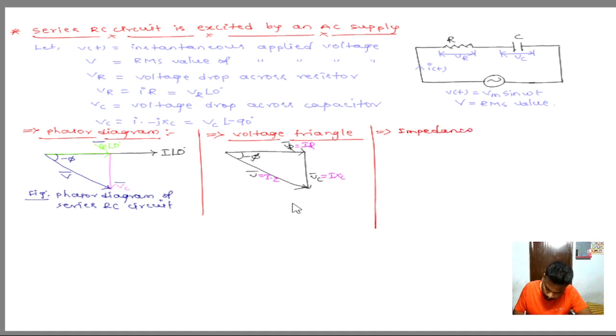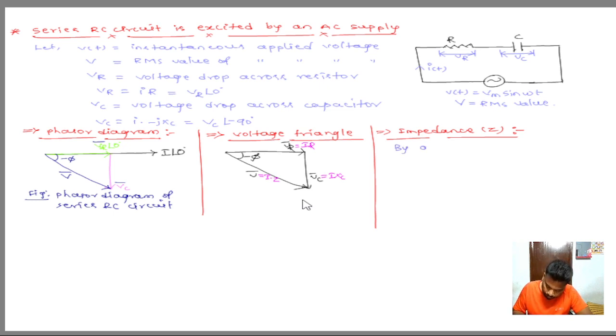Next, calculate impedance Z. How to calculate impedance? By applying simple KVL to the circuit, or from the voltage triangle, anyone can take.